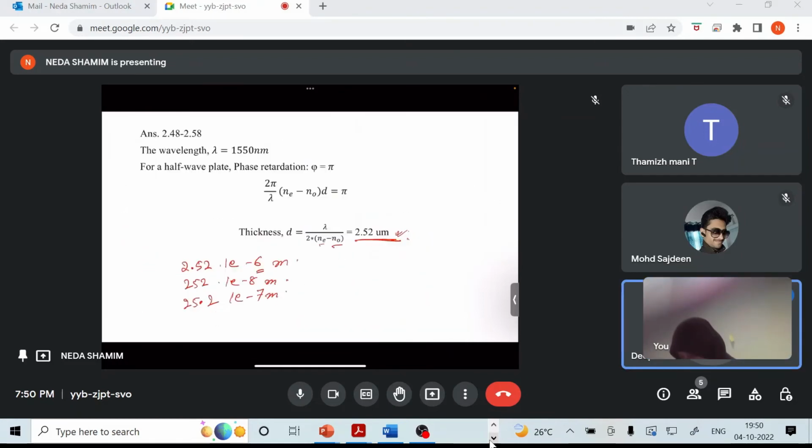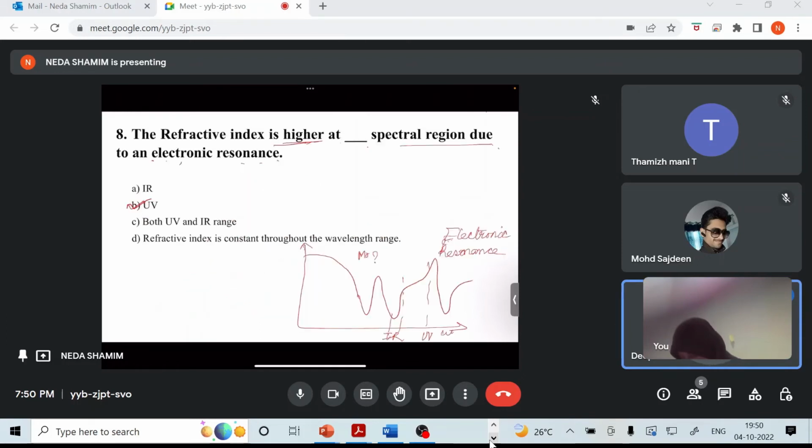Because I thought refractive index is inversely proportional to frequency. No. How do you write refractive index in terms of epsilon? We know this was the graph for epsilon, so the refractive index graph will be the same.